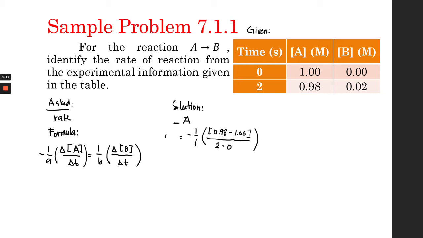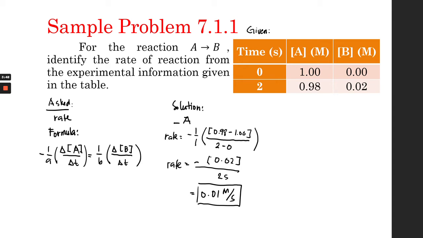So the rate for reaction A is equal to negative, that's 0.02 molar concentration divided by 2 minus 0, which is 2 seconds. And that gives us a rate of 0.01 molar per second. That should be equal to the rate of B, because there's only one product and only one reactant.